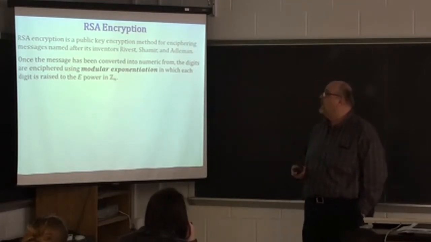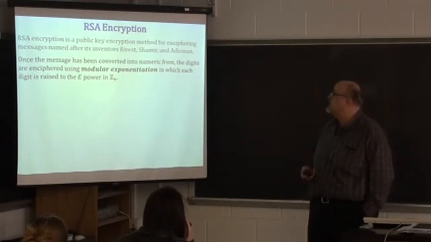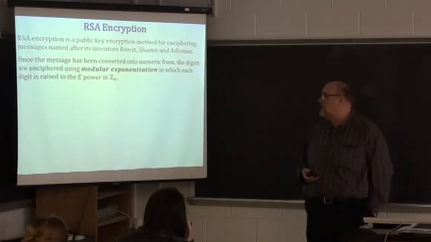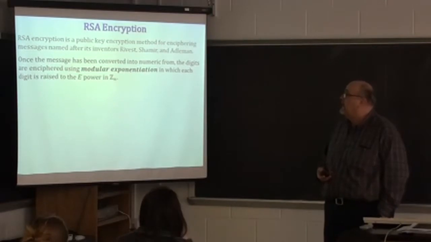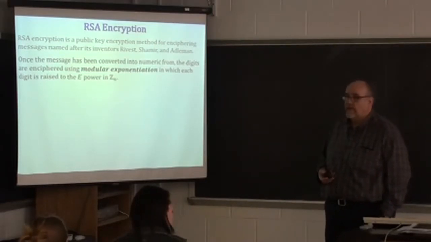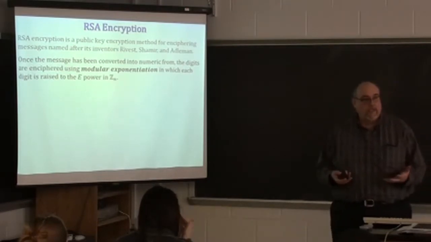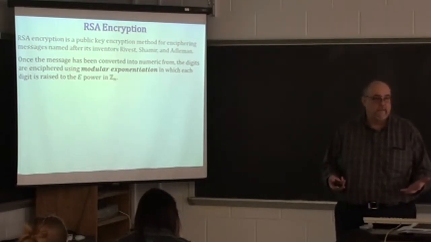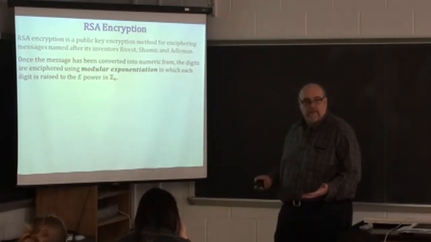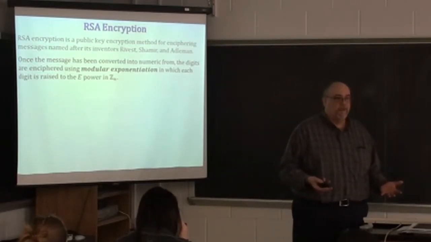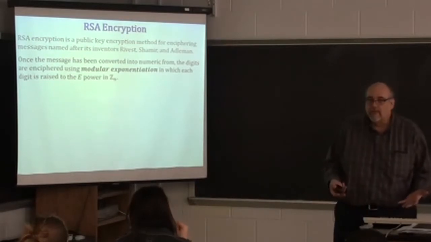We then encipher the digits using modular exponentiation, in which each digit is raised to the e power, and we do this calculation in Zn. So you remember, we're working with mod n stuff. And when you mod n, what could you get for your answers after doing the arithmetic?